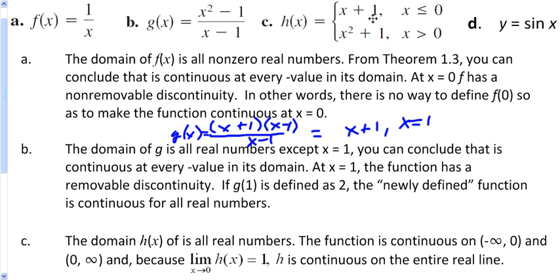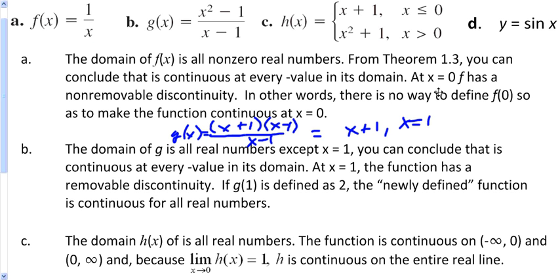The second part says your limit has to exist. We're wondering about our limit as x approaches 0. Well, it's not just one function, so we have to look at our one-sided limits. As x approaches 0 from the right, that's numbers slightly greater than 0. That would be this one here. So as you're approaching from the right-hand side of 0, you take something really close to 0 and plug it in, and you essentially get 1.